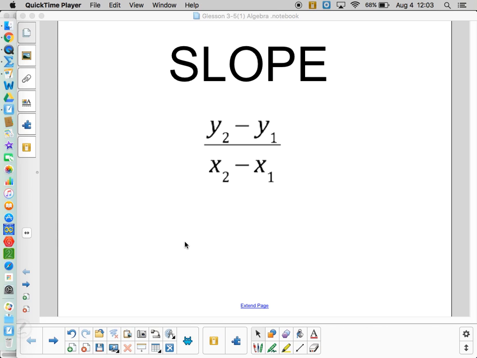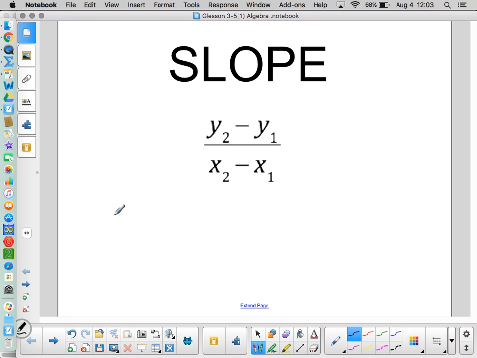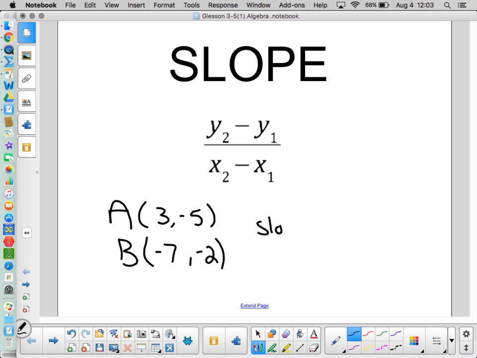Just to do one very quick example calculation, if point A is at (3, -5), and point B is at (-7, -2), the slope of line AB is going to be change in y over change in x.